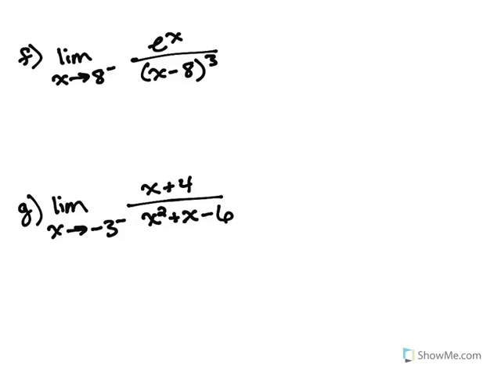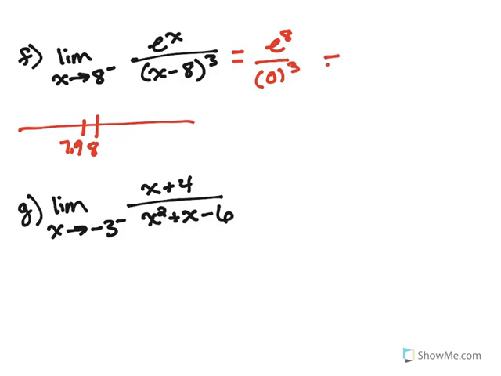Okay, the limit as x approaches 8 from the left of e to the x over the quantity x minus 8 cubed. If we substitute in there, we get e to the 8 over 0 cubed. So what's that look like on a number line? Coming from the left of 8, we can plug in 7.9.